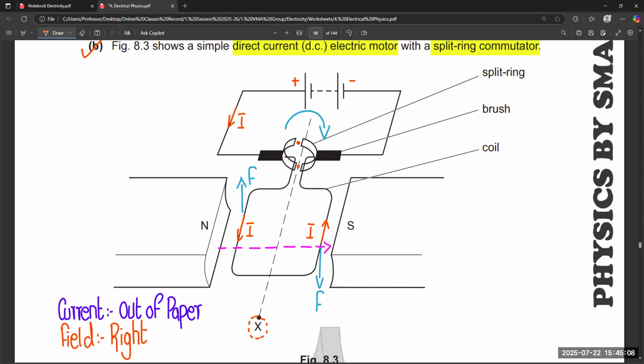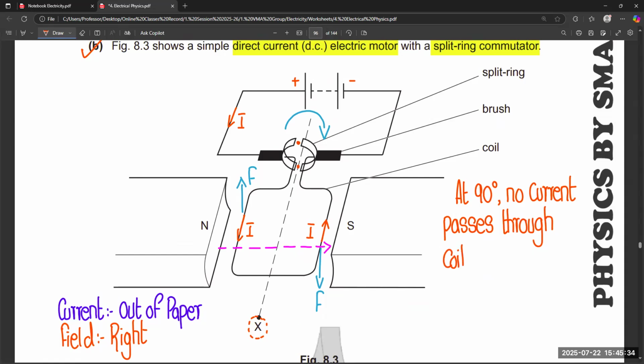So when the coil rotates, always remember at 90-degree there will be no current passing through the coil, and the coil rotates because of inertia.